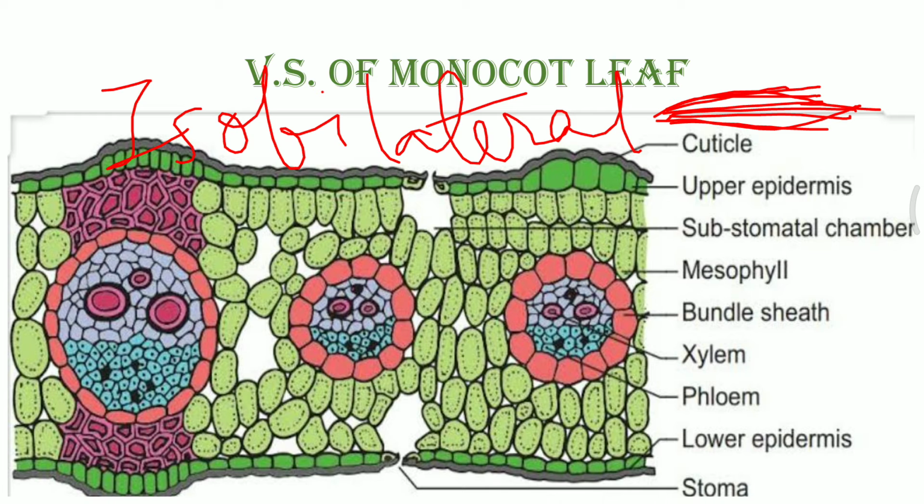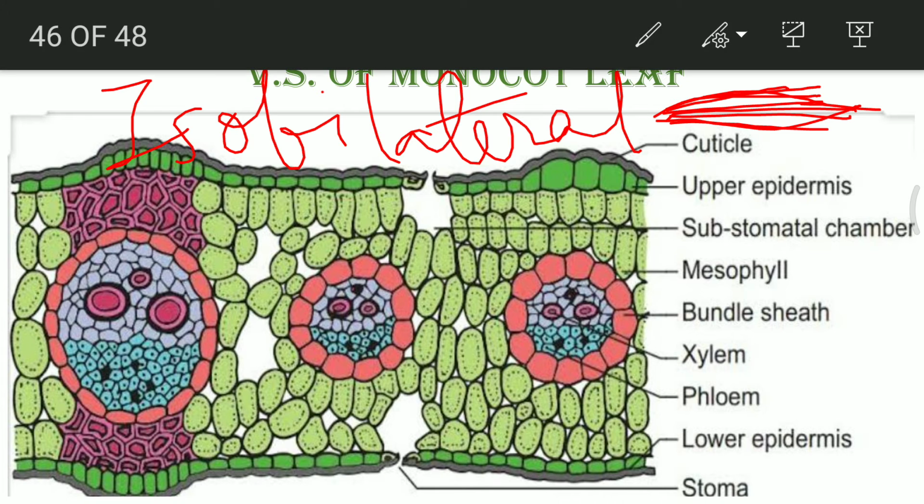In case of stomata, or some of the bigger cells, in case of upper epidermis we will be able to find some cells which are quite larger. These cells are known as motor cells or bulliform cells.